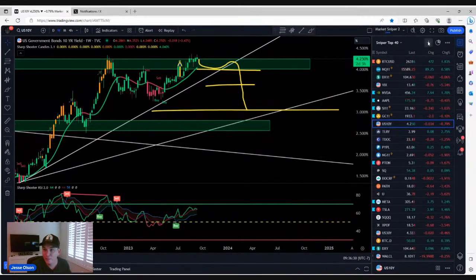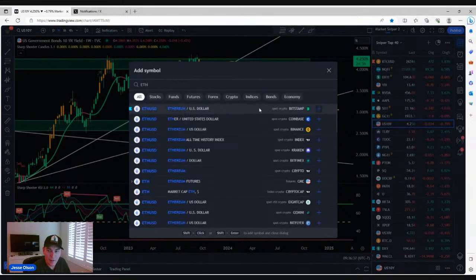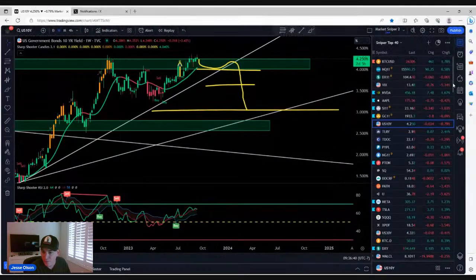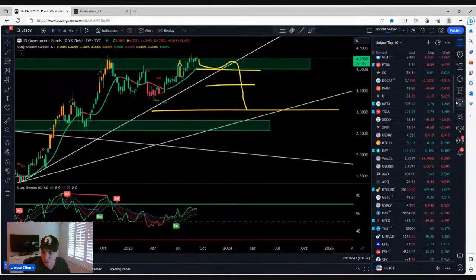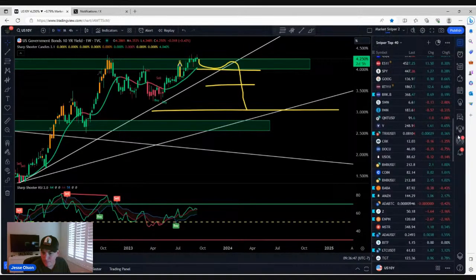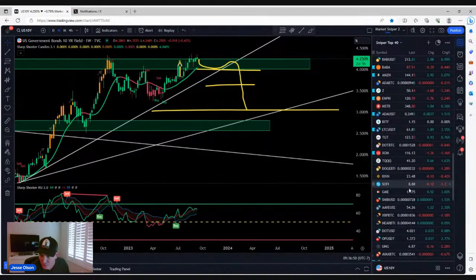So Ethereum. Let's see. Probably going to look similar to Bitcoin, but let's take a look at it. I should have Ethereum already on the Sniper Top 40. Let's see. Where are you? Probably just easier to search it.